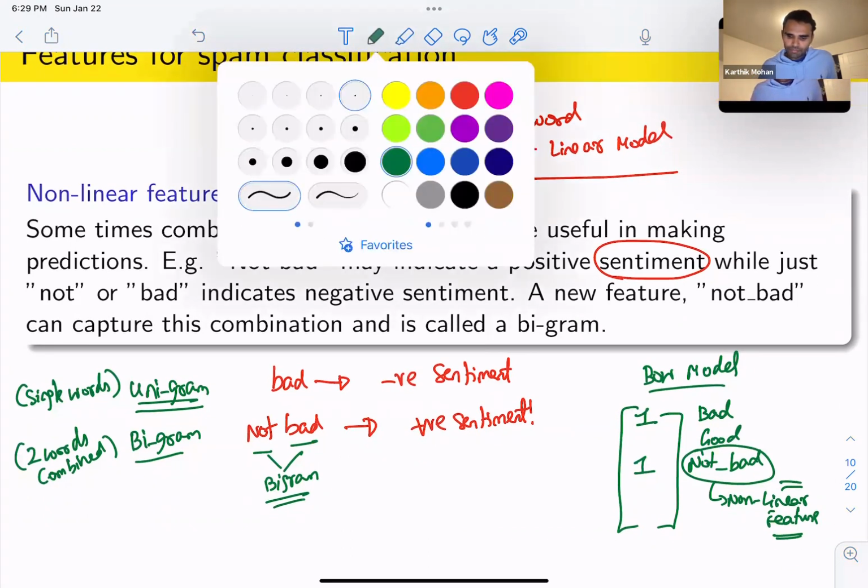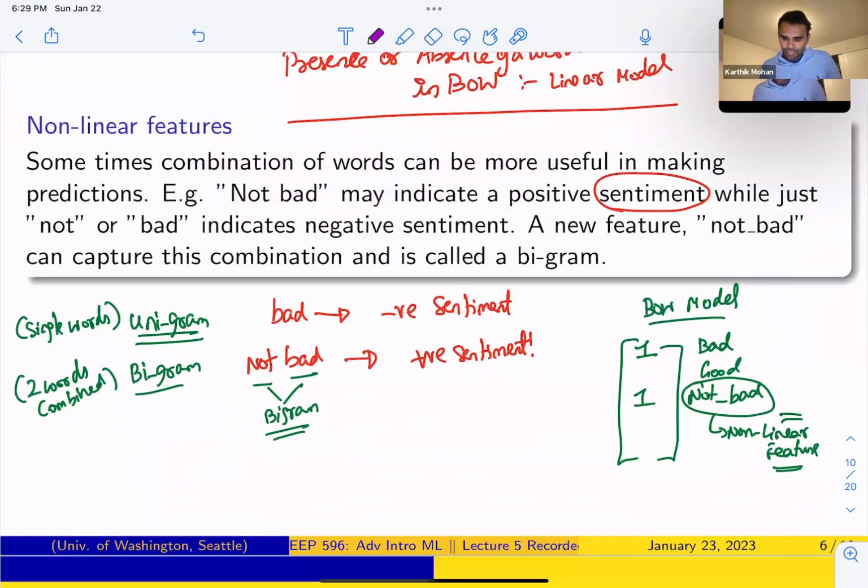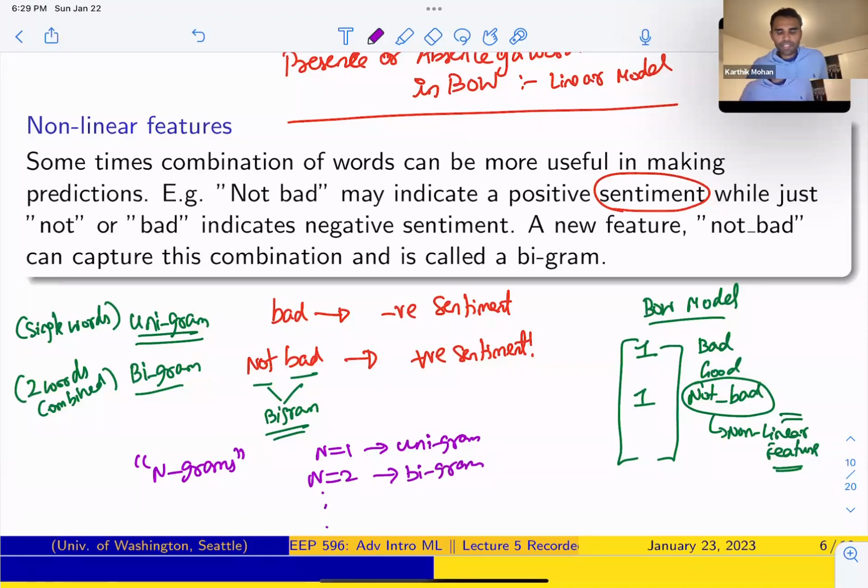And you can think of this extension of bigrams and unigrams as what people call n-grams. So for n equal to 1, it's a unigram. N equal to 2 is a bigram, and so on. You can have an n-gram with n equals 3 or n equals 10.